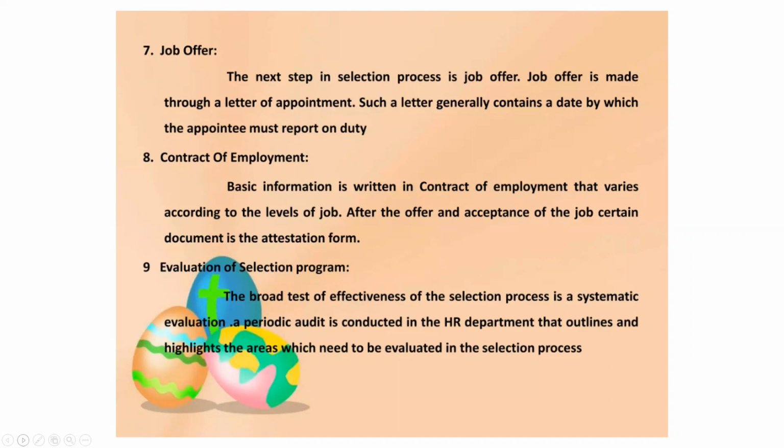Basic information is written in the contract of employment, which varies according to the various levels of job. After the offer and acceptance of the job, a certain document is the attestation form, which has to be duly signed, and the individual has to express consent to the contract.